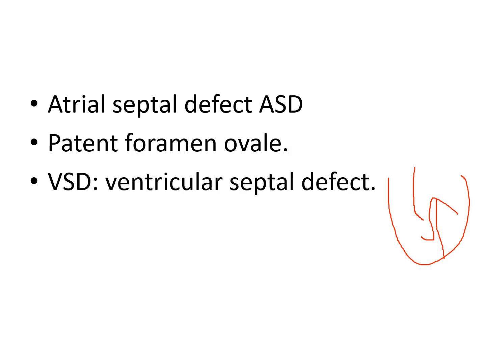The most common heart defect is ventricular septal defect, which is a defect in the fusion of the muscular and membranous parts. They do not fuse together, so we have failure of fusion between the muscular and the membranous part. Okay, so we have ventricular septal defect, or VSD.